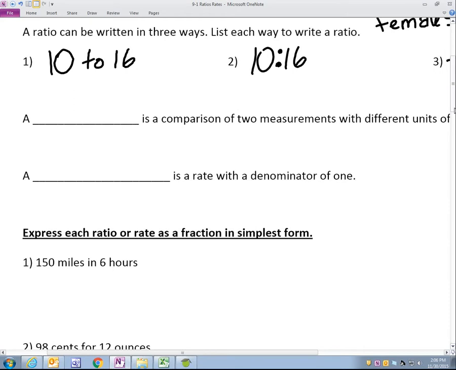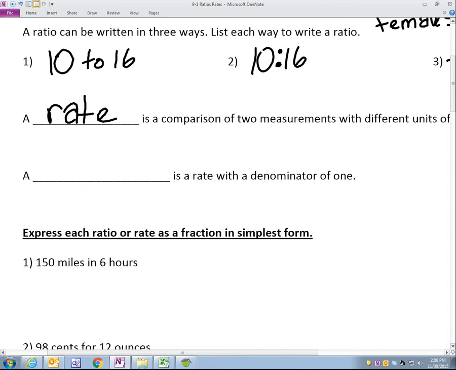Also, there is a rate, which is a comparison of two measurements with different units of measure. So it's a comparison of two different measurements at different units.